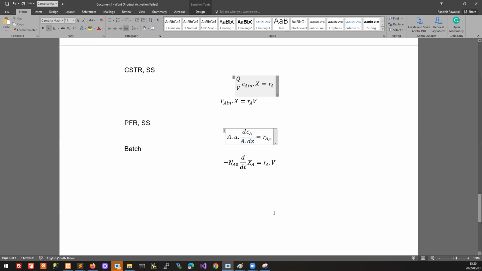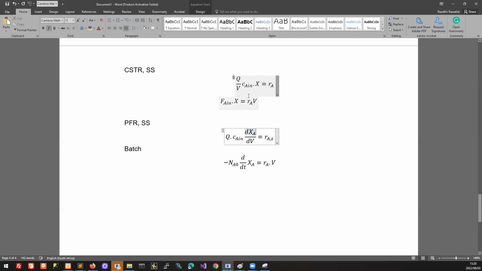So this is a Q. This is like a dV. So yeah, I guess that kind of works. Especially if we rewrite this in terms of X. So you could say this is like for the PFR CA in, and this is XA.